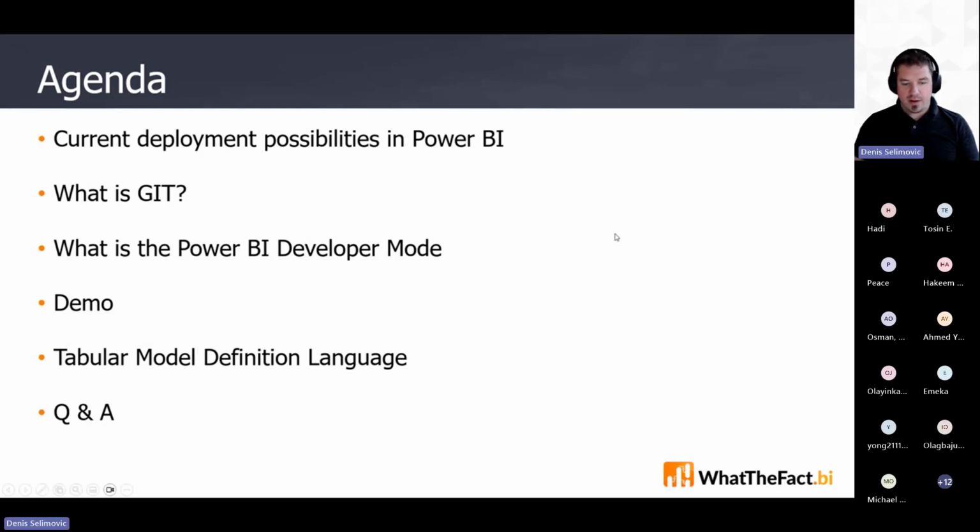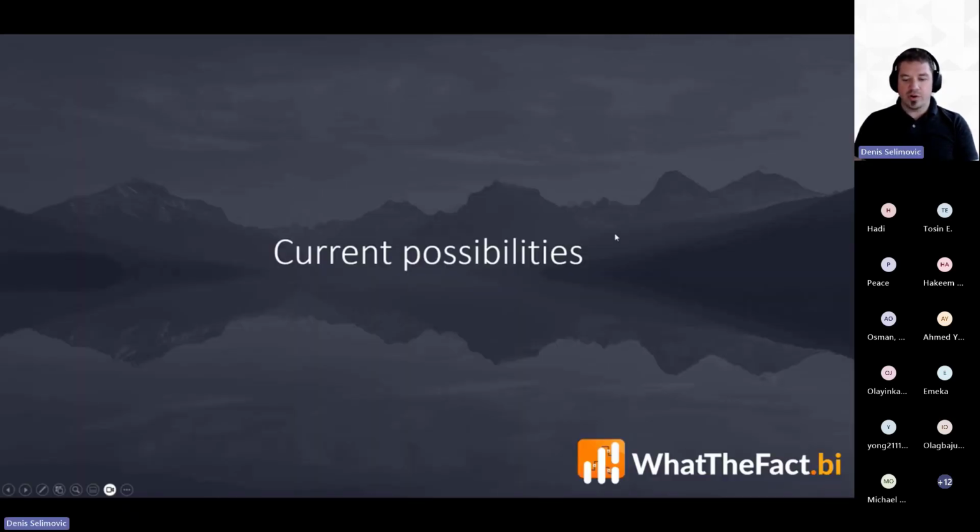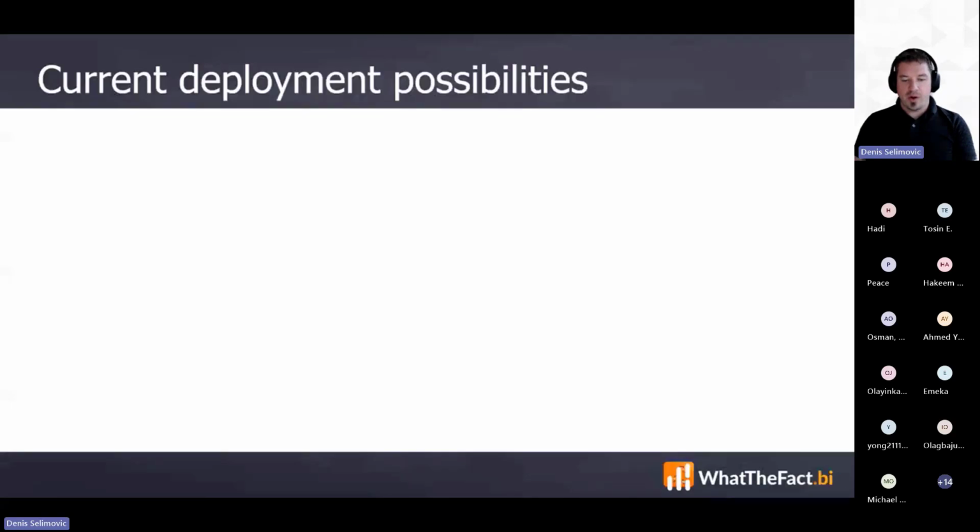All right, then let's get started with the current possibilities and also to get an understanding of why a change was needed. So at the moment, and for many, many years, the only possibilities to deploy were pretty limited. So the first question is, what in general is a deployment?